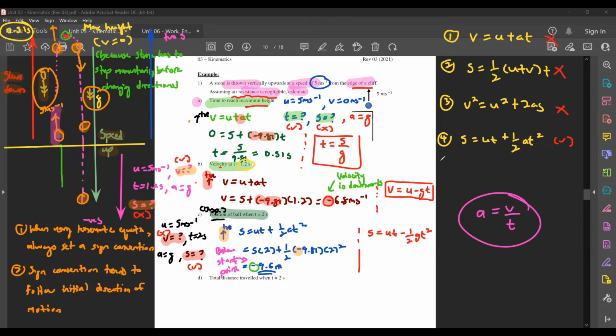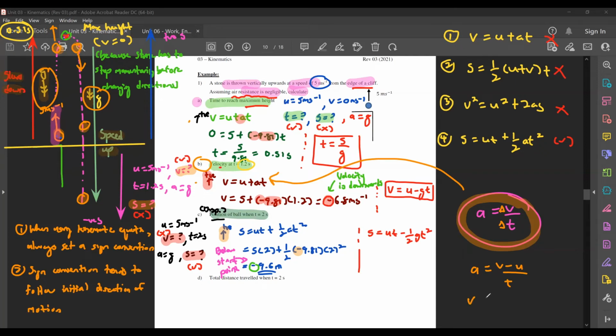Oh, okay, let's just go with what you just said. This one, a is equal to v over t. Were you thinking to use it for question b? Yes. Okay. Actually, that one by itself won't have an issue. Because by definition, acceleration is the rate of change of velocity. a is delta v over delta t, where a is actually v minus u divided by t.